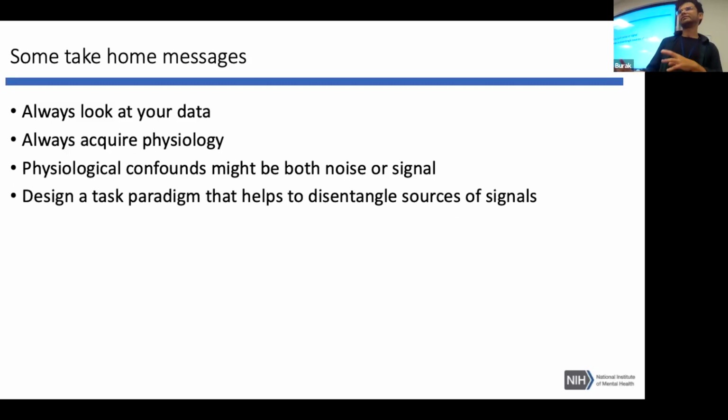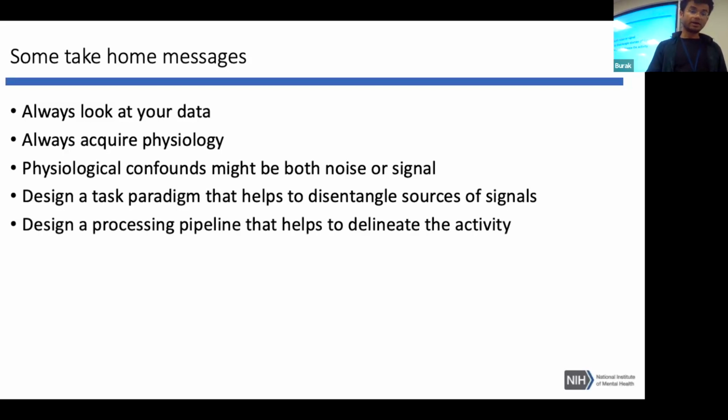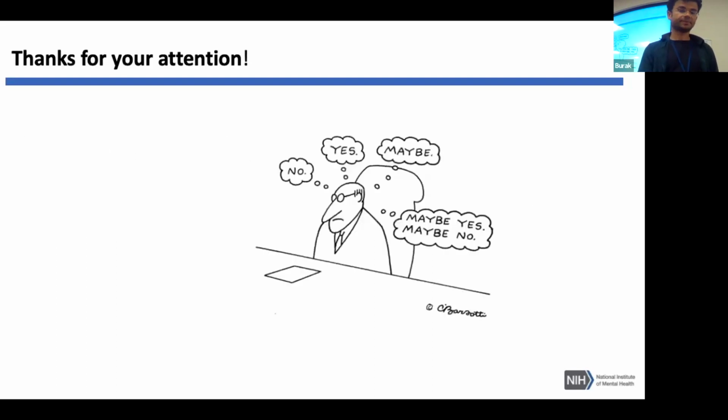If we design cleverly, we can mitigate those artifacts, and design such that they're different in space or time. And also design a proper processing pipeline that knows all these weaknesses and strengths, and also where to look, the brain area, and all the frequency spectrum that it needs, if it's a fast sequence, to delineate the activity.